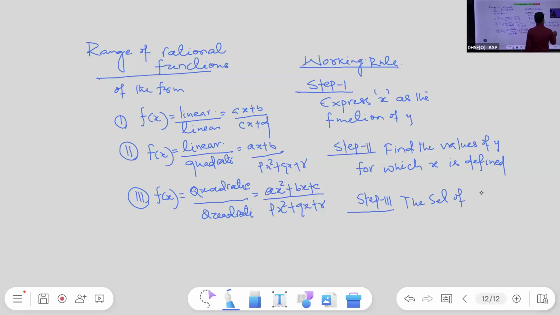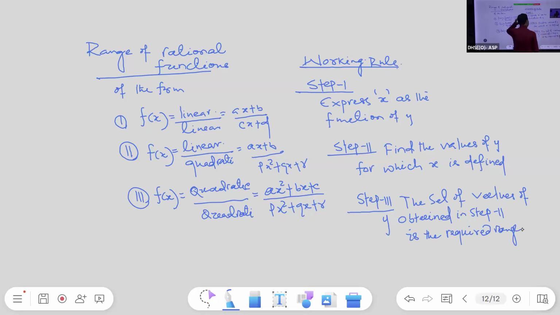The set of values of y obtained in step 2 is the required range. Okay. The set of values of y obtained in step 2 is the required range. We will note it down.